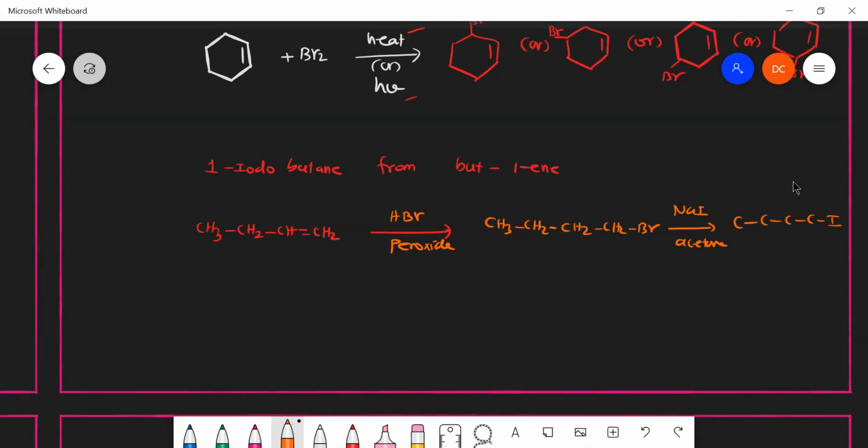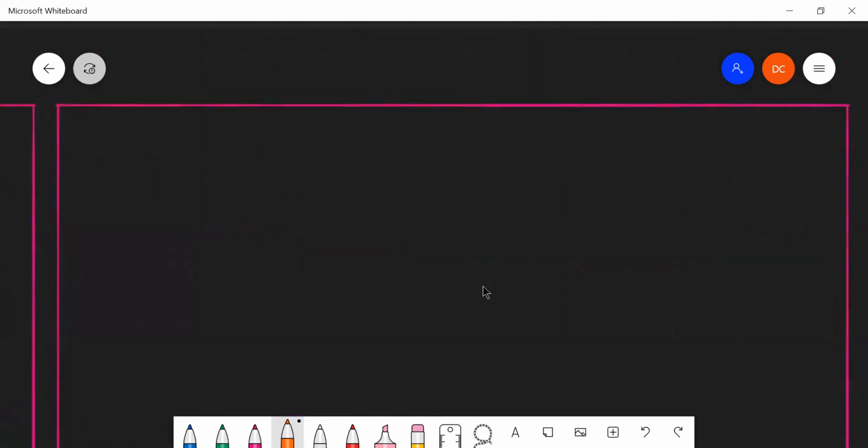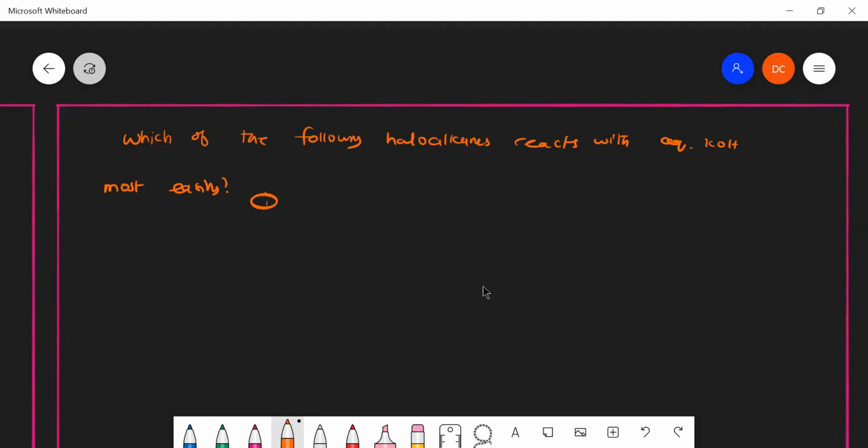Now the question: which of the following haloalkanes reacts with aqueous KOH most easily? Answer number 1 is 1-bromobutane.